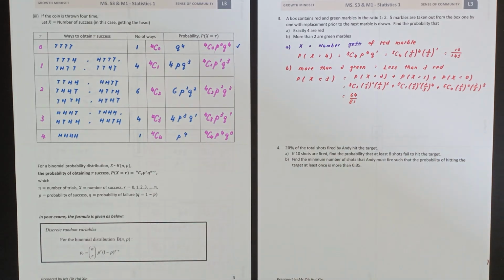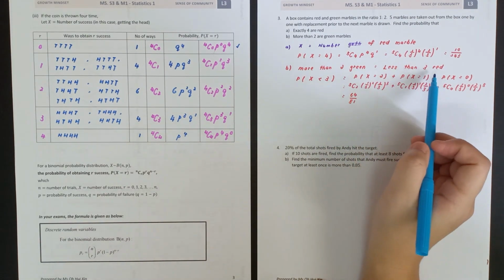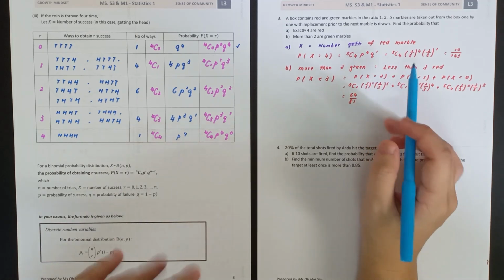Okay, question. If I don't want to do it like this, and I find it very confusing to change the idea from more than 2 are green to less than 3 are red, then what can I do? I try to denote my new success again. If you think it's very hard to think in terms of red rather than green, then you change it.